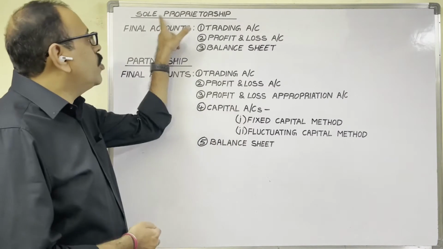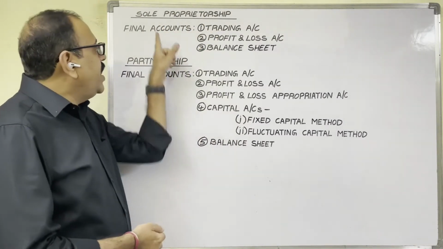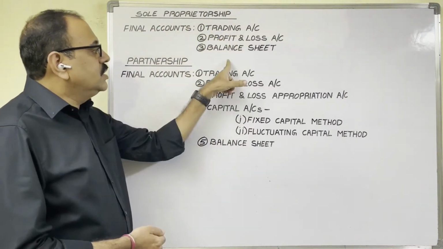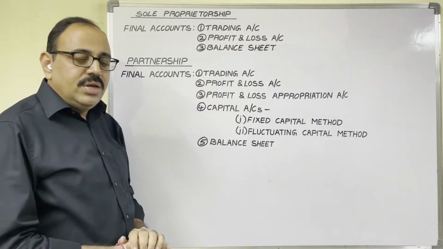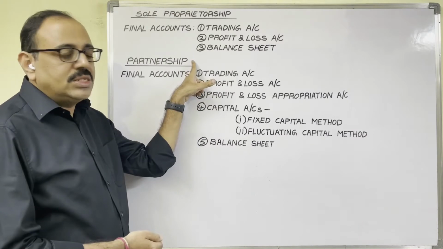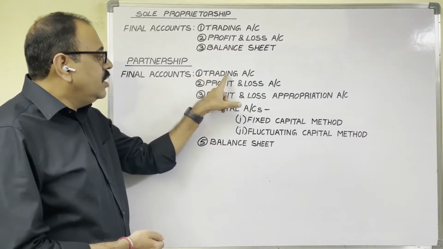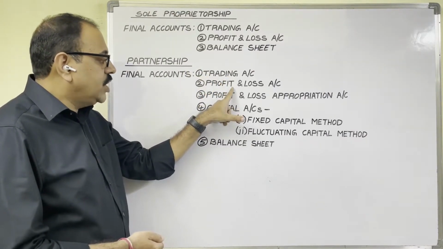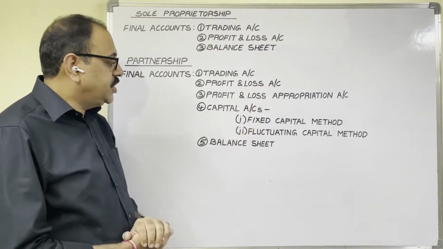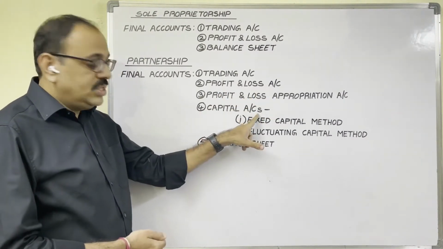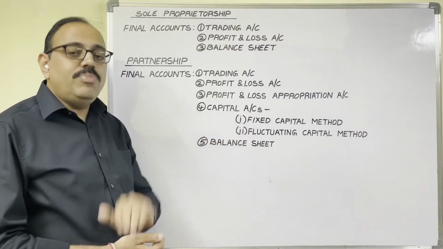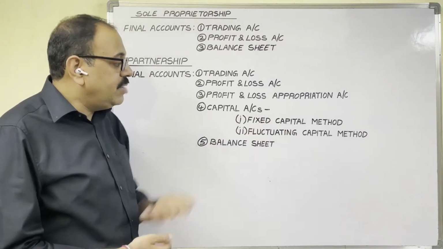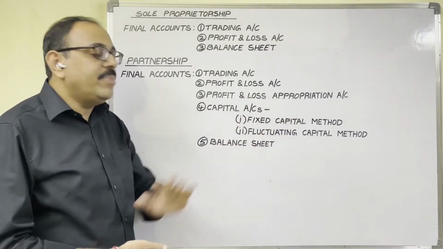In case of sole proprietorship business, final accounts include three things: trading account, profit and loss account, and balance sheet. In case of partnership business, final accounts include trading account, profit and loss account, profit and loss appropriation account, capital accounts, and balance sheet. To prepare capital accounts, there are two methods: fixed capital method and fluctuating capital method.